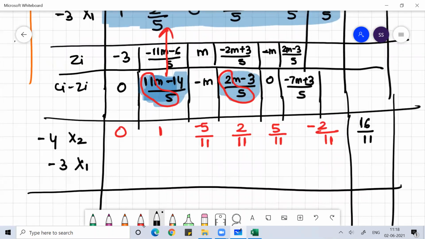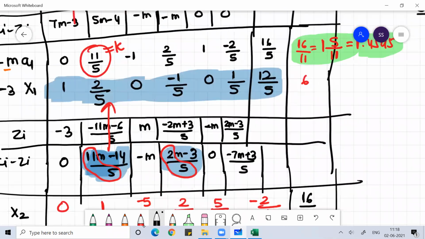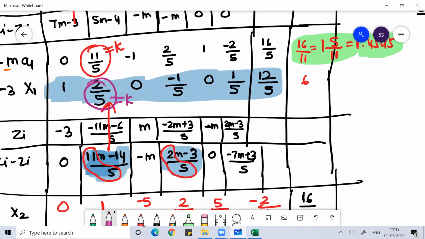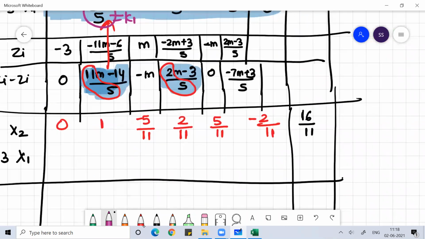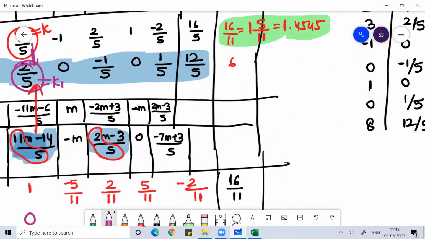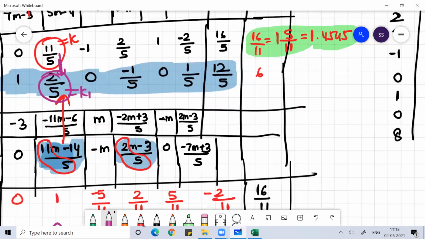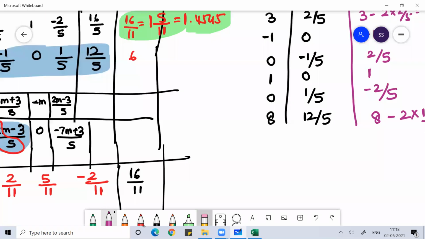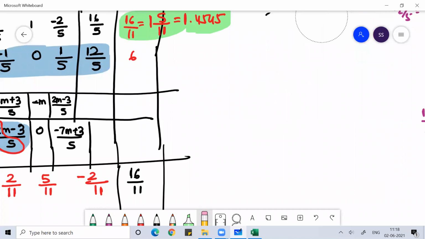Similarly, I'll find the value of x1, where for the constant I will use the corresponding value. I need to make sure that the corresponding value of this next should be equal to 0. So how will I do that? Again, I'll use the same formula.